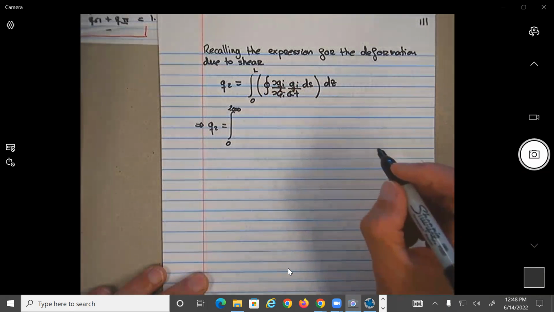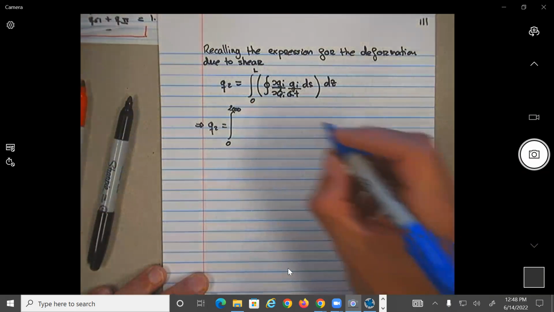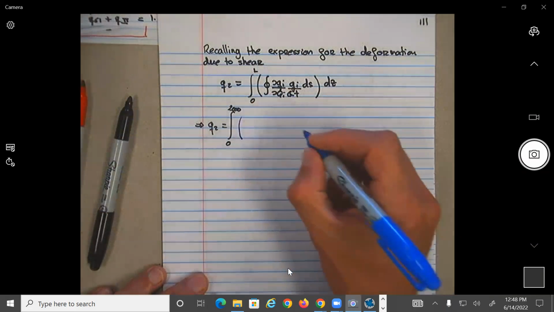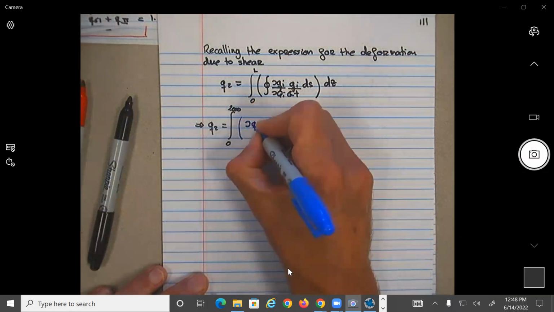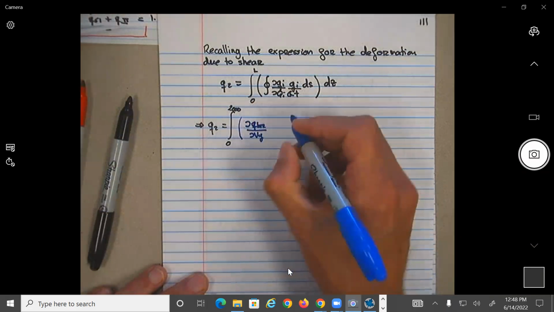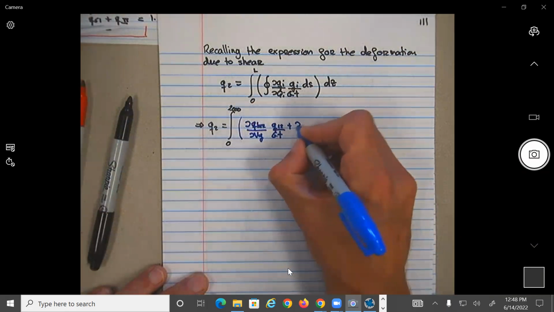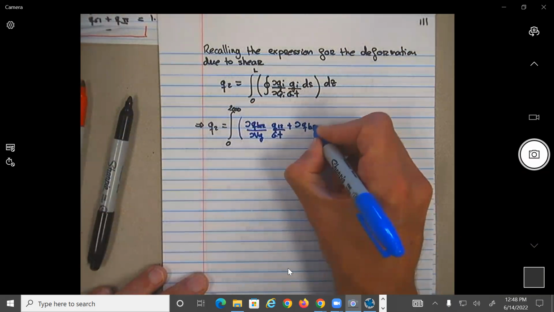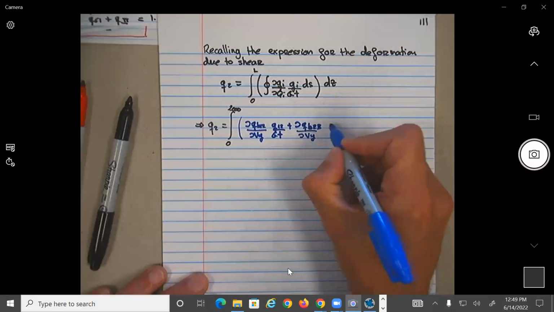of, let's see, partial QB12 partial Vy, Q12 over GT plus partial QB23 partial Vy.